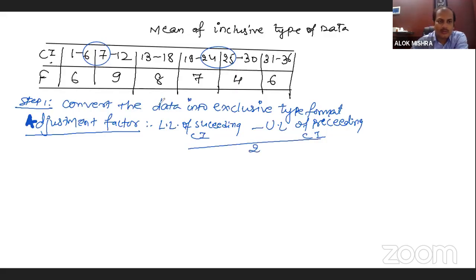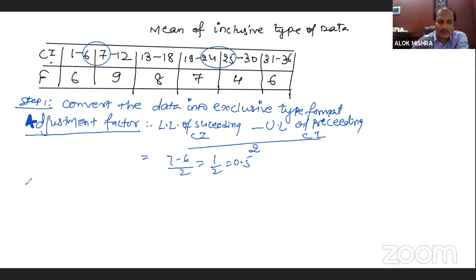So this is equal to the lower limit of the succeeding class interval, which is 7, and the upper limit of the preceding class interval is 6. So that is 7 minus 6 upon 2, which is equal to 1 upon 2, that is 0.5.